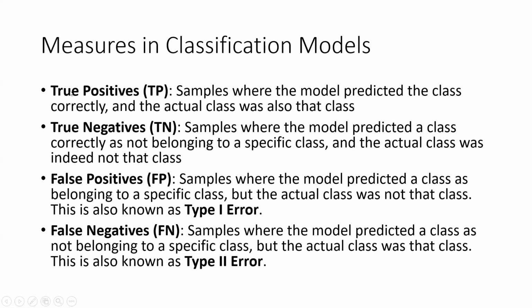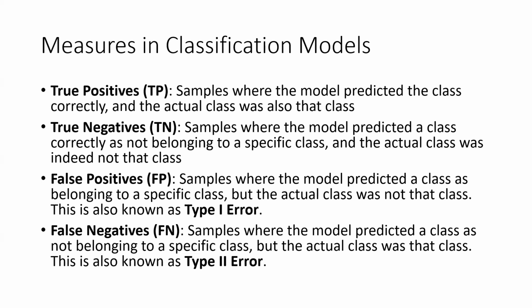That means this is a matrix between true, false, positive and negative. True positive means the samples where the model predicted the class correctly, and the actual class was also that class. So there can be several classes, right? When the predicted class is a positive class, and the other classes are the negative classes, and it is true, then that is taken as true positive, right?